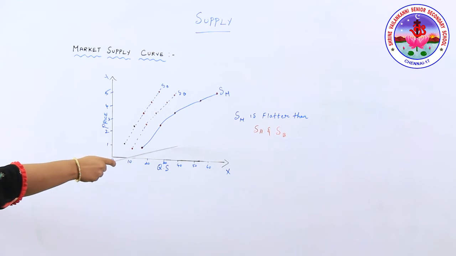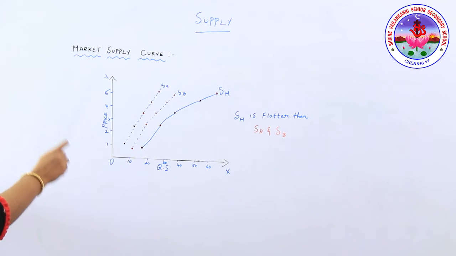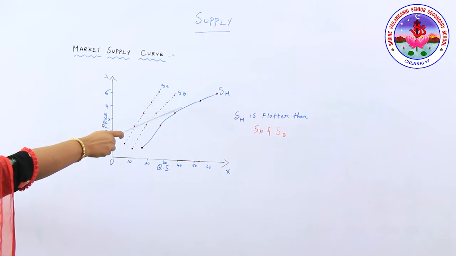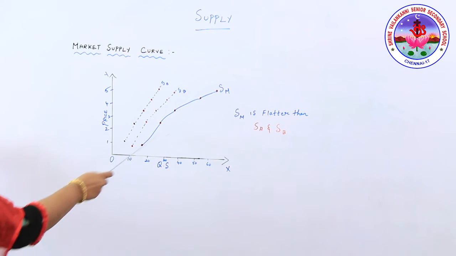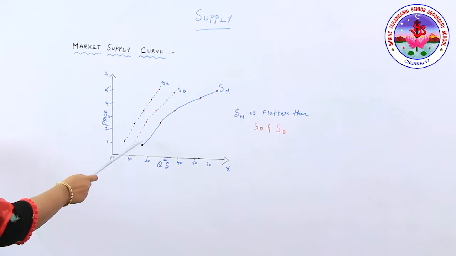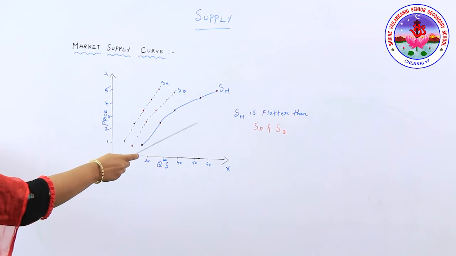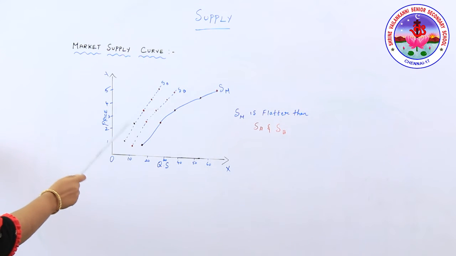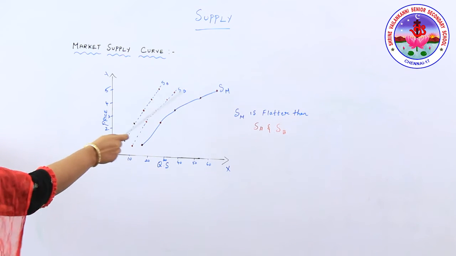And SM, that is your market supply curve, is obtained by horizontal summation of the individual supply curves SA and SB. So this is your market supply curve. In this diagram, SA and SB are the individual supply curves and SM is the market supply curve, which is obtained by horizontal summation of the individual supply curves of SA and SB.